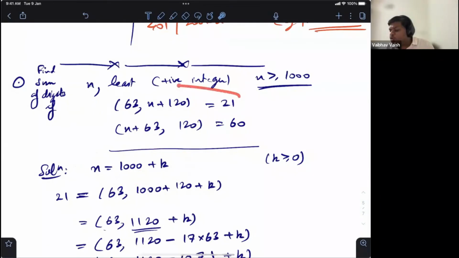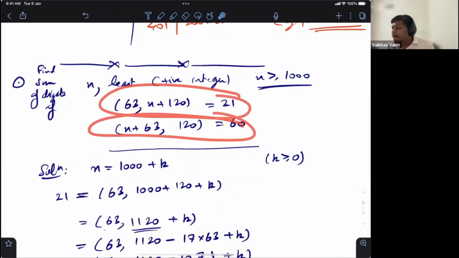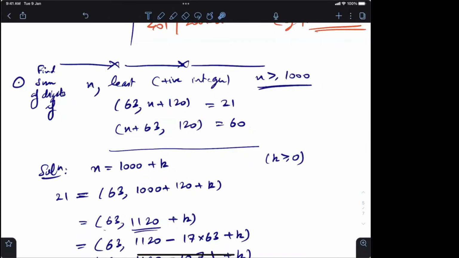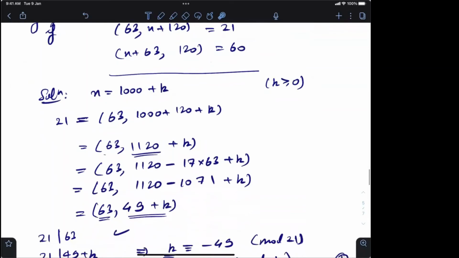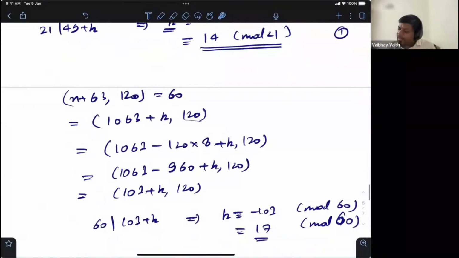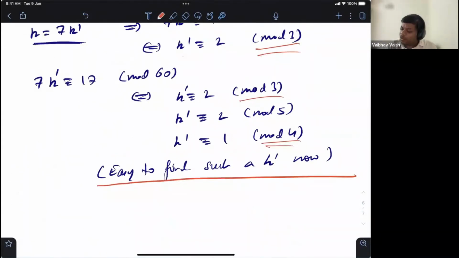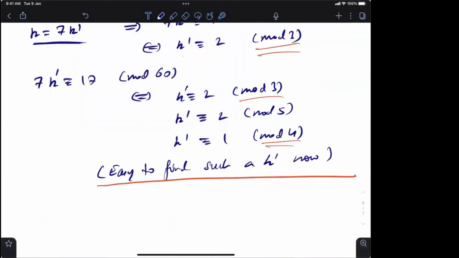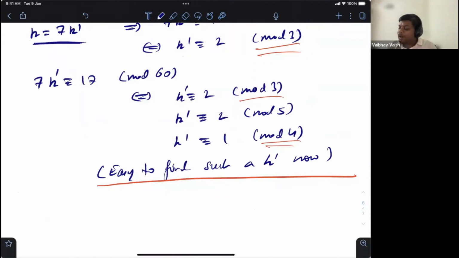You can solve the congruence relations for n and then ask which congruence class has n greater than or equal to 1000. Student: Then the answer came out 1917, and the sum of the digits is 18. Exactly, that's correct. The sum of the digits I remember is 18, so I believe the answer is correct. It turns out to be 1917.